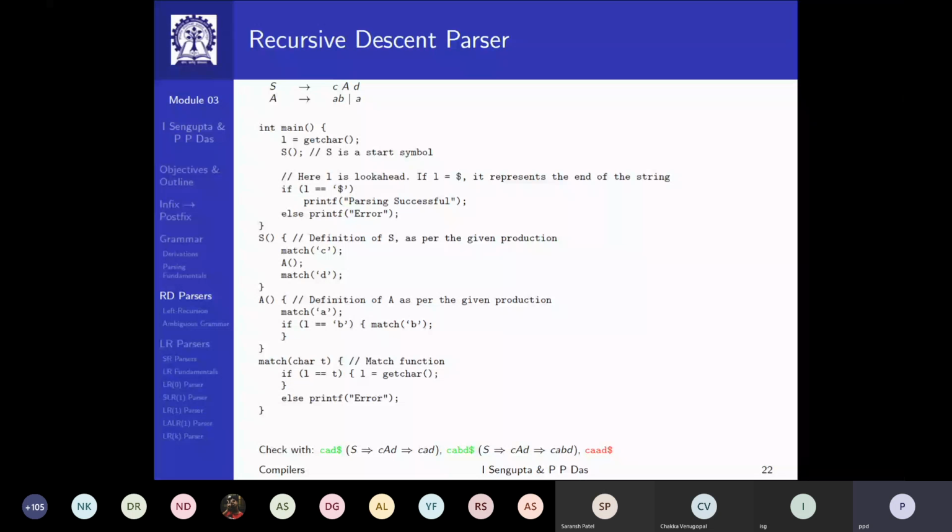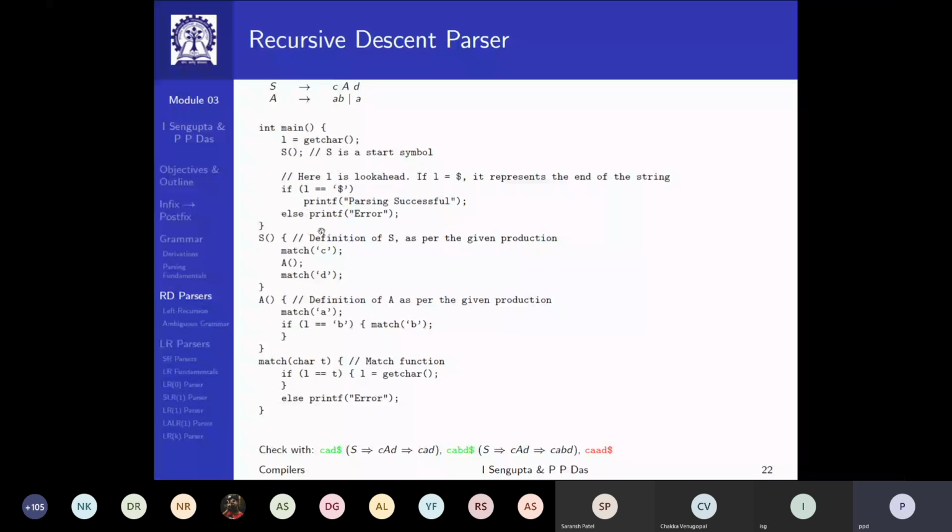When this function returns, that is when you are done consuming the input, hopefully, you are back in the main function, and at that time you expect that $ should be the look ahead. If $ is the look ahead, then you have parsed everything successfully. If not, then you have an error. So that's simple.